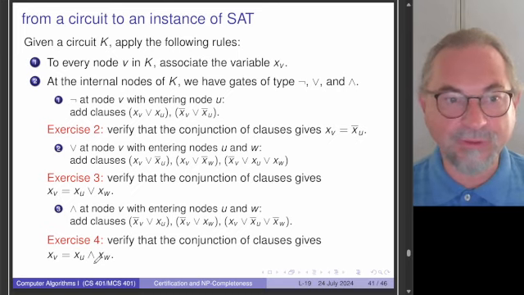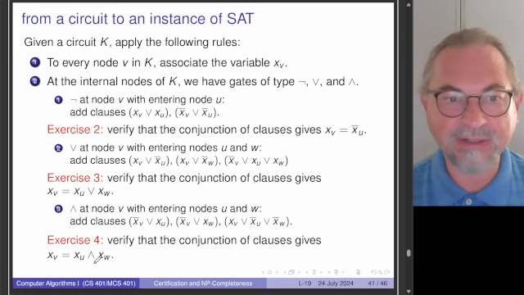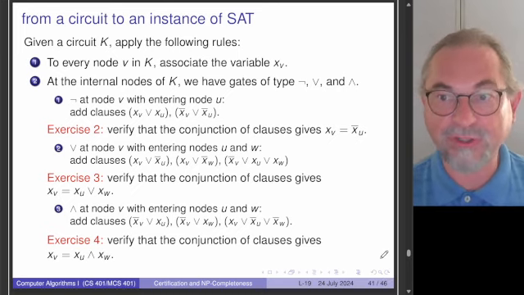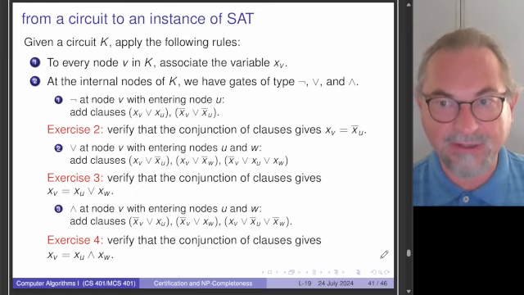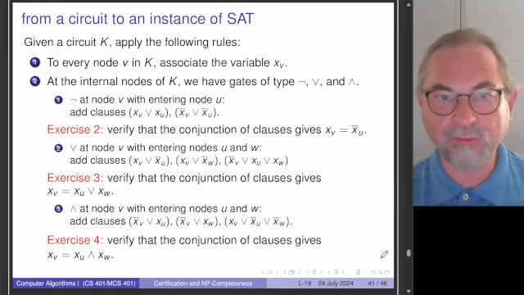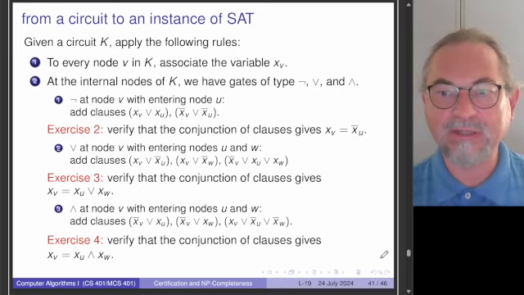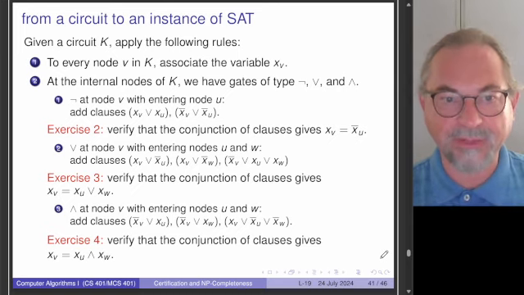And for the AND operator, we are adding the clauses as listed here. And again, the next exercise, which you can solve with truth tables, is verifying that the rules here to translate the circuits into an instance of the satisfiability problem are actually correct. So they give you the equivalence between the two.